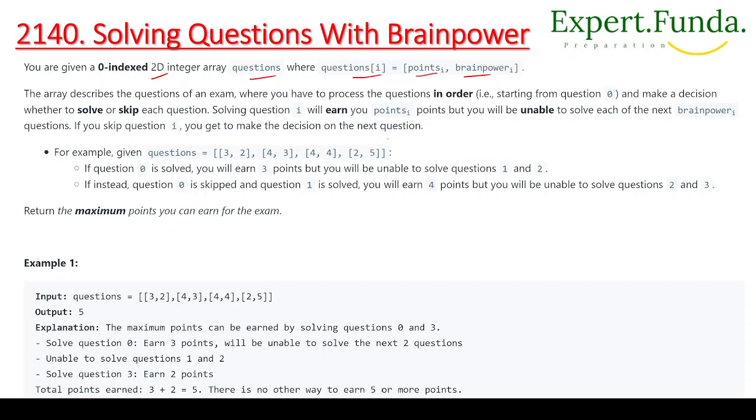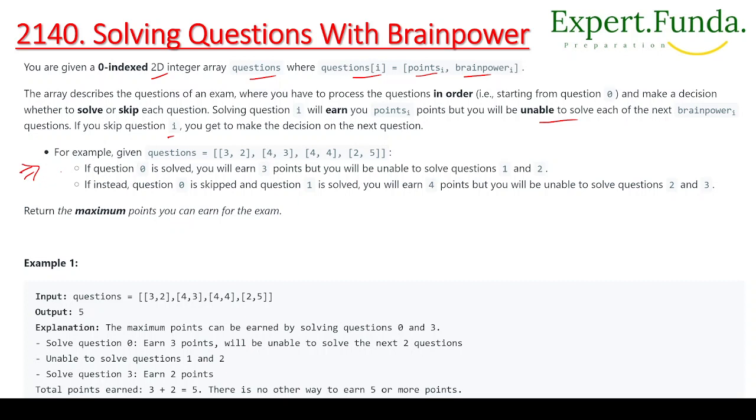Solving question i will earn you points, but you will not be able to solve the next brainpower questions. If you skip question i, you get to make a decision on the next question. It will look like this one. Okay, so I'll summarize this one, don't worry.